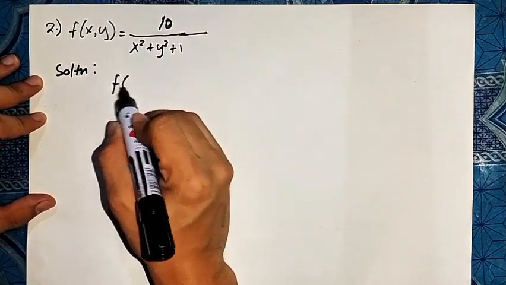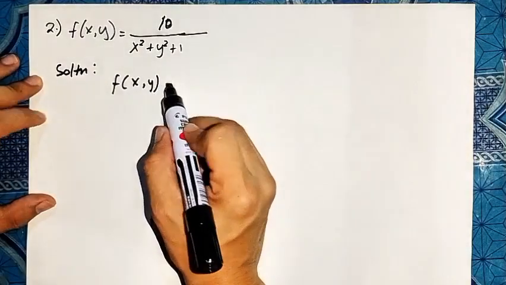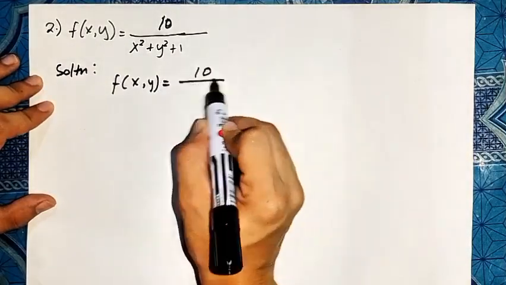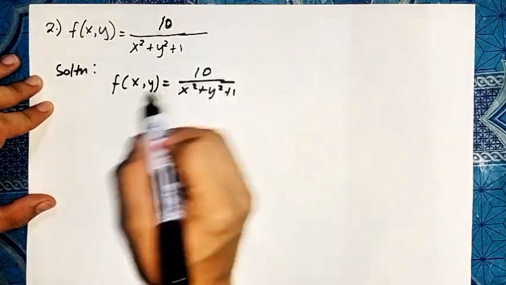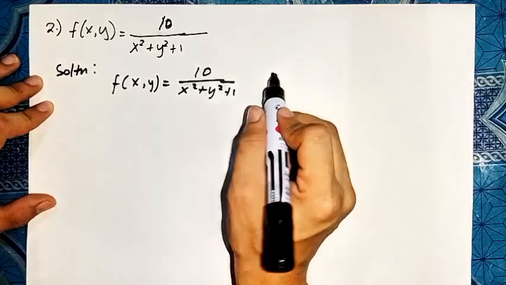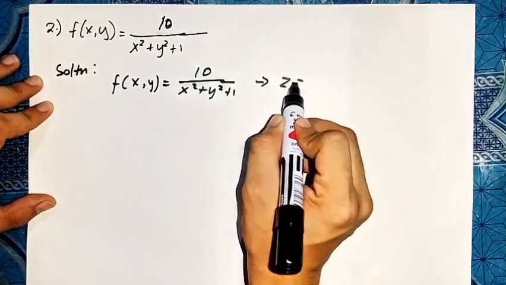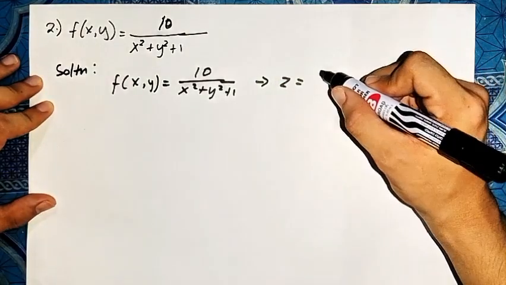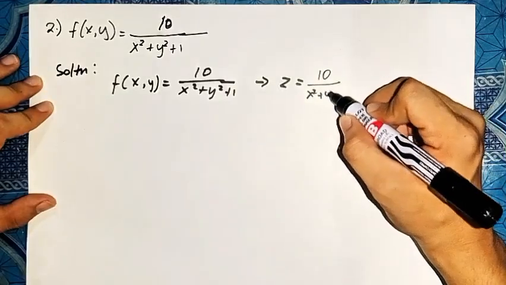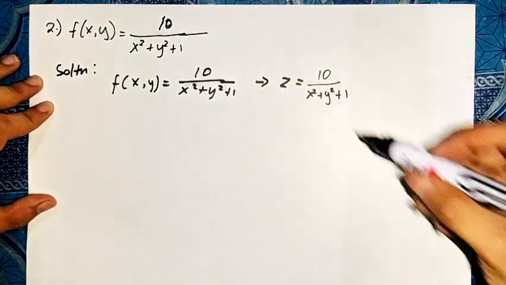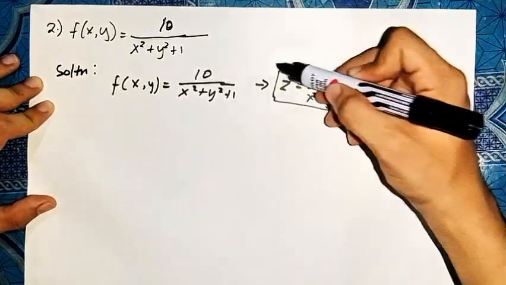Again, copy f of x and y is equal to 10 over x squared plus y squared plus 1. We will let this f of x and y be z is equal to 10 over x squared plus y squared plus 1. This is now our function.